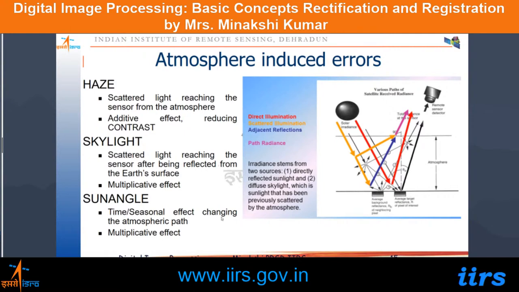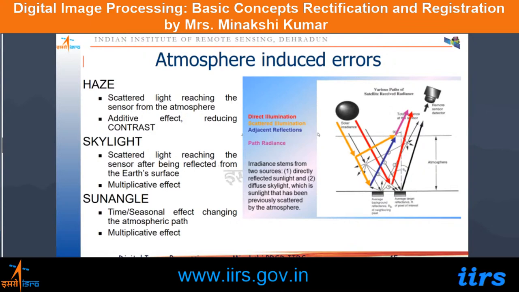Second variation in DN value is also due to the sun angle. That means due to different time, due to different season. You know that the energy from sun to the earth changes in different seasons, and changes in different times of the day also. So that also is a multiplicative effect.